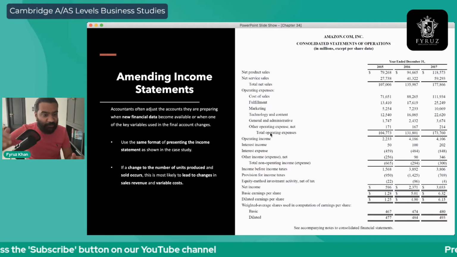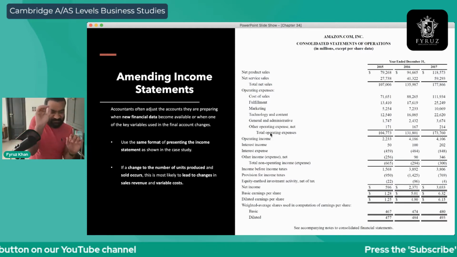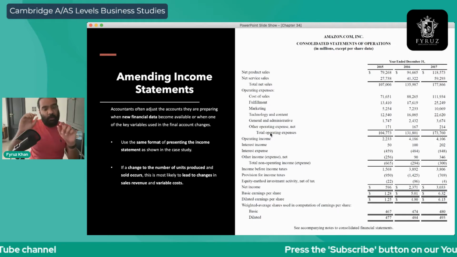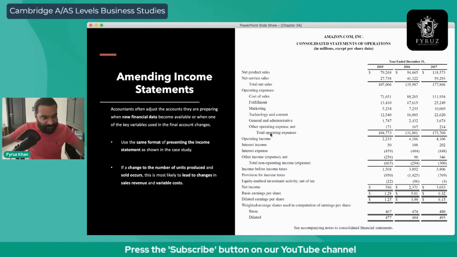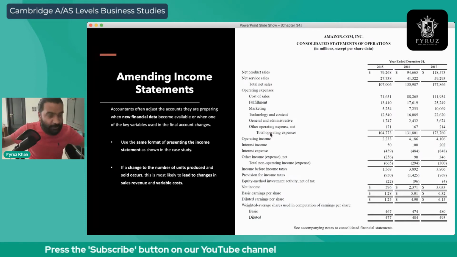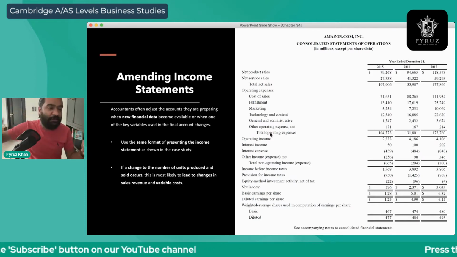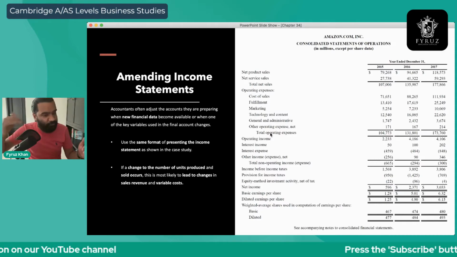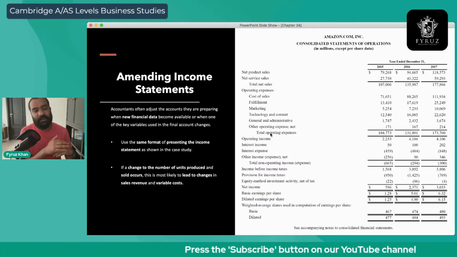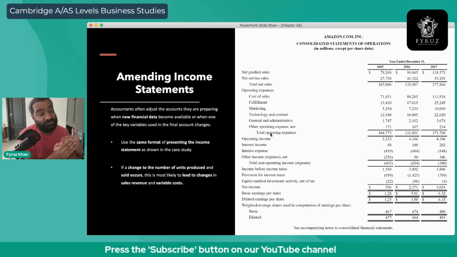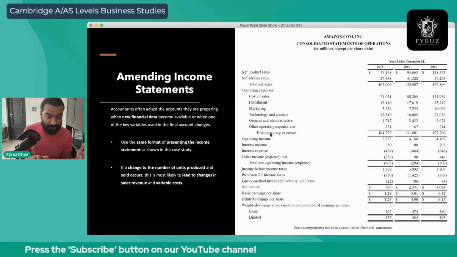And you have to be careful when you insert that figure. You have to see what other likely effects it will have on other factors or other figures. Because if you change the number of units, the revenue, the sales, the tax, the loss or profit, everything will be different. Everything will change. So you have to keep that in mind.